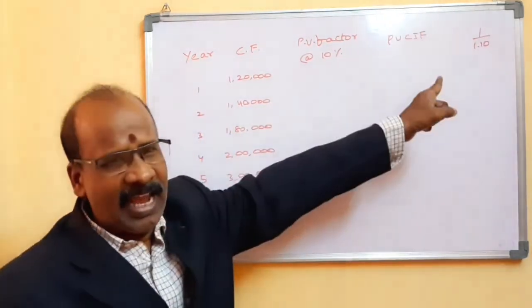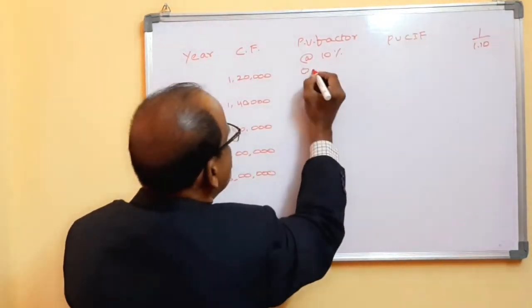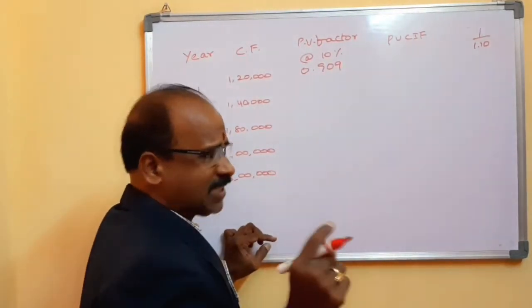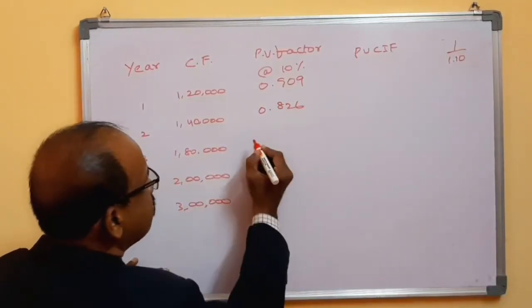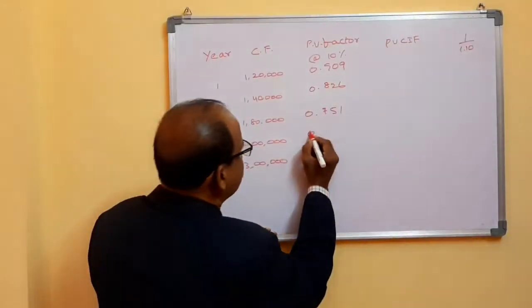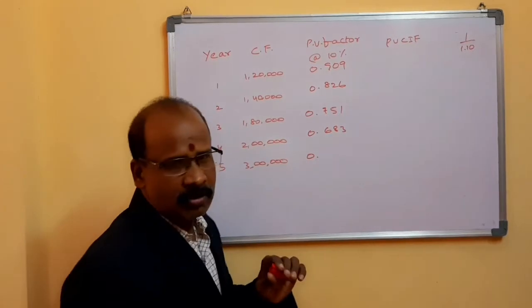If you press that in the calculator, you get 0.909. Again, you press equals. At that moment, you get 0.826. Third year, 0.751, then 0.683. And fifth year, 0.621.